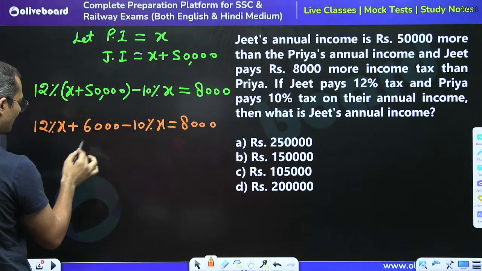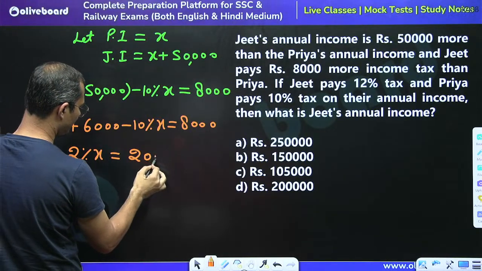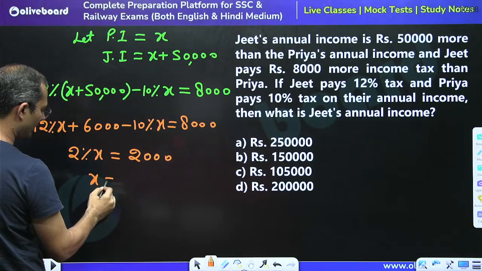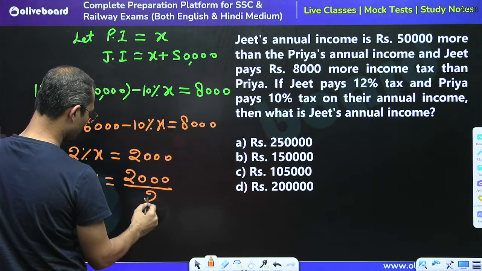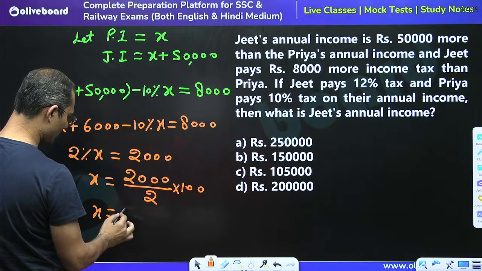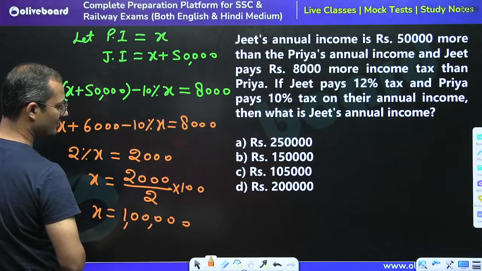So 2% of X is equal to 2,000, right? So what is the value of X? That is 2,000 divided by 2 into 100. So X is equal to 1,00,000, that is 1 lakh, right?